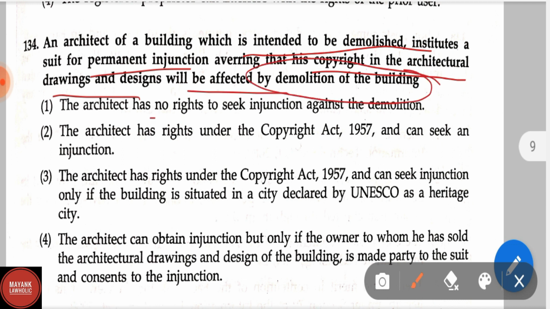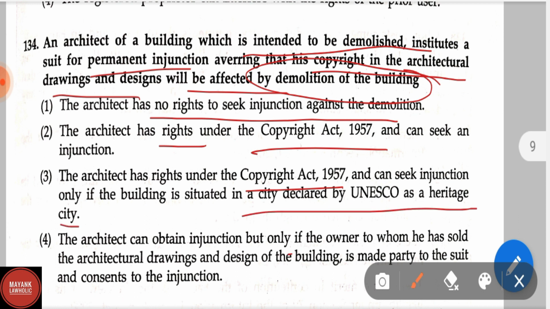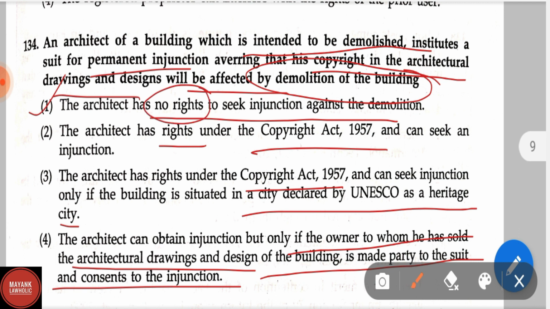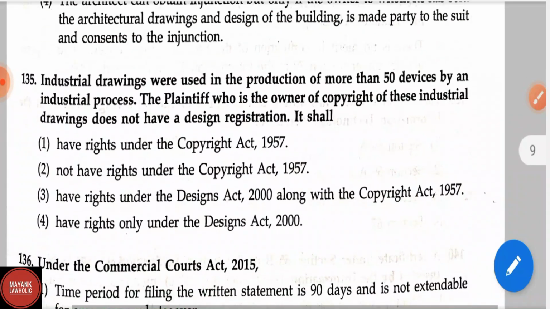Options are: the architect has no right to seek injunction against the demolition; the architect has rights under the Copyright Act 1957 and can seek an injunction; the architect has rights under the Copyright Act 1957 and can seek injunction only if the building is situated in a city declared by UNESCO as a heritage city; and option 4, the architect can obtain injunction but only if the owner to whom he has sold the architectural drawings and design of the building is made a party to the suit and consents to the injunction. In this question, the correct answer is option 1. The architect has no right to seek injunction against the demolition. Now let us see question number 135.